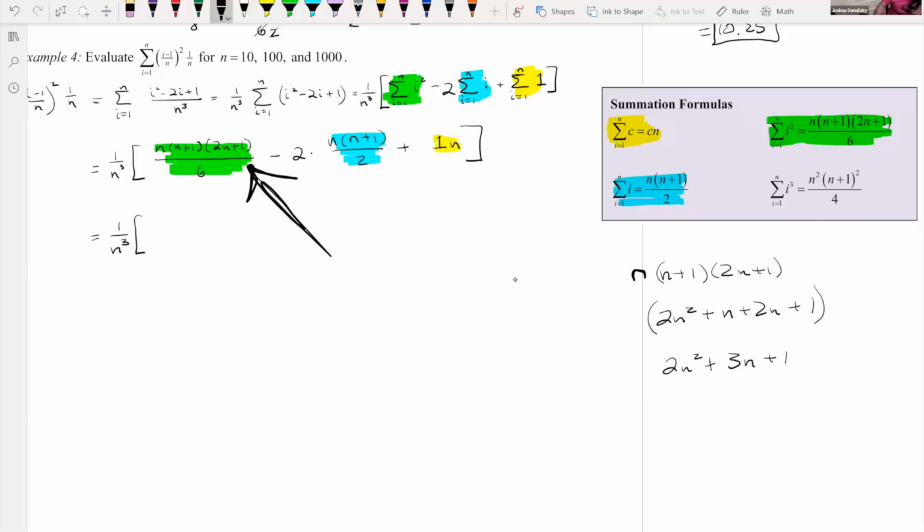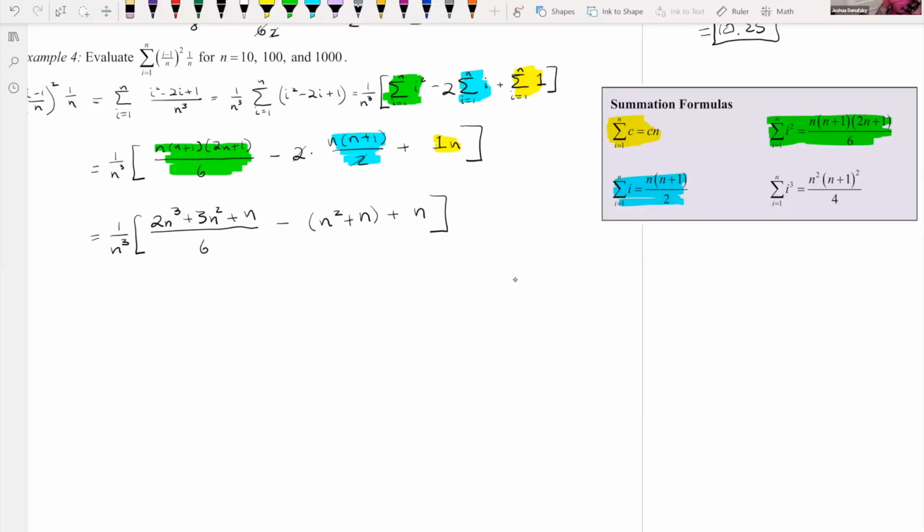And so if all this is multiplied by n, we're going to get 2n to the third plus 3n squared plus n in the numerator all over 6. Here we could cancel off these 2's, right? So we get just minus n squared plus n, and finally plus n in the back.